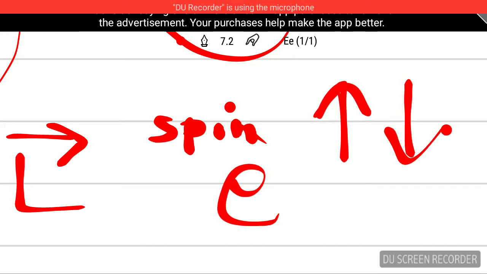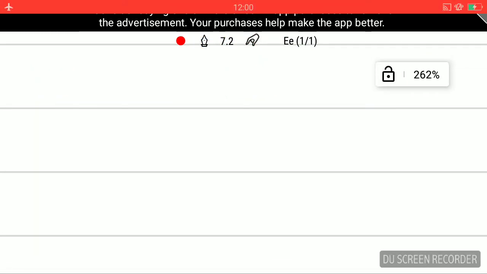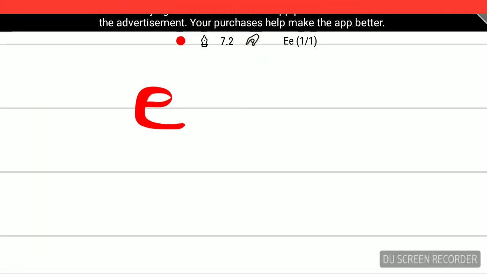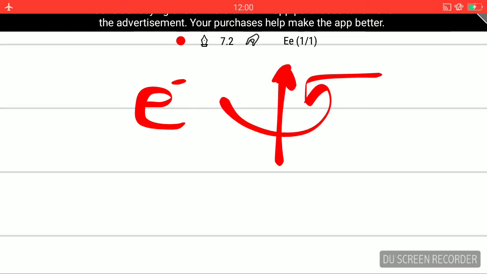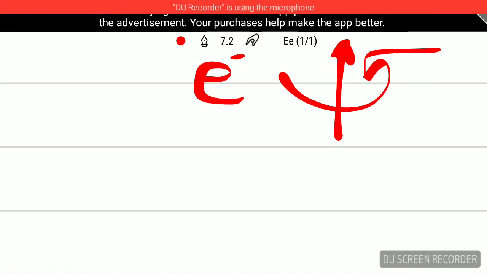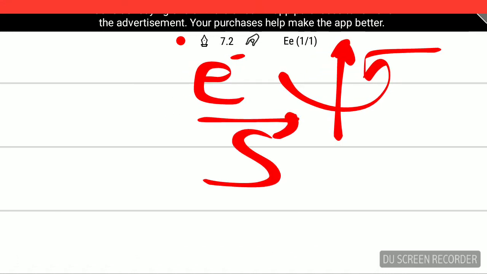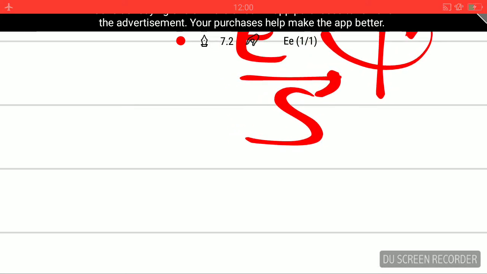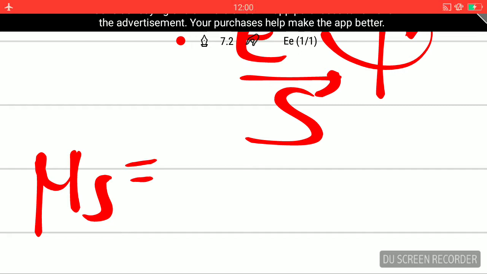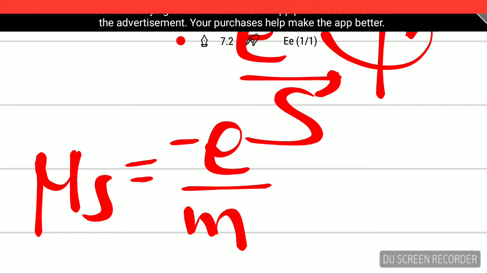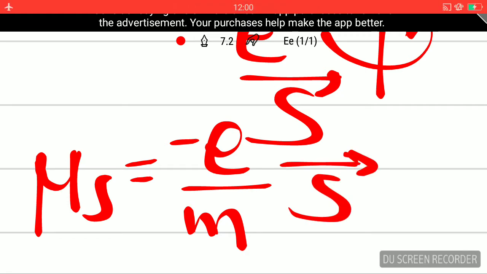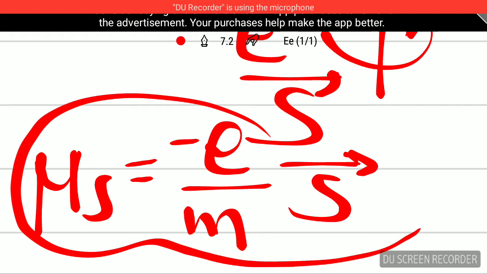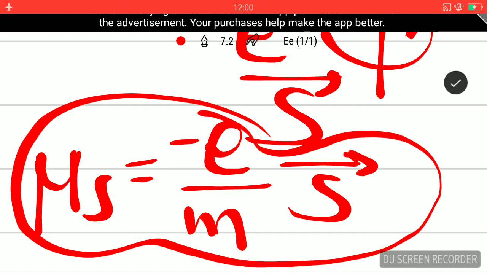If the spin angular momentum is S, then the spin magnetic moment is mu S, which equals minus e over m times S. This is the magnetic moment associated with the spin motion of the electron.